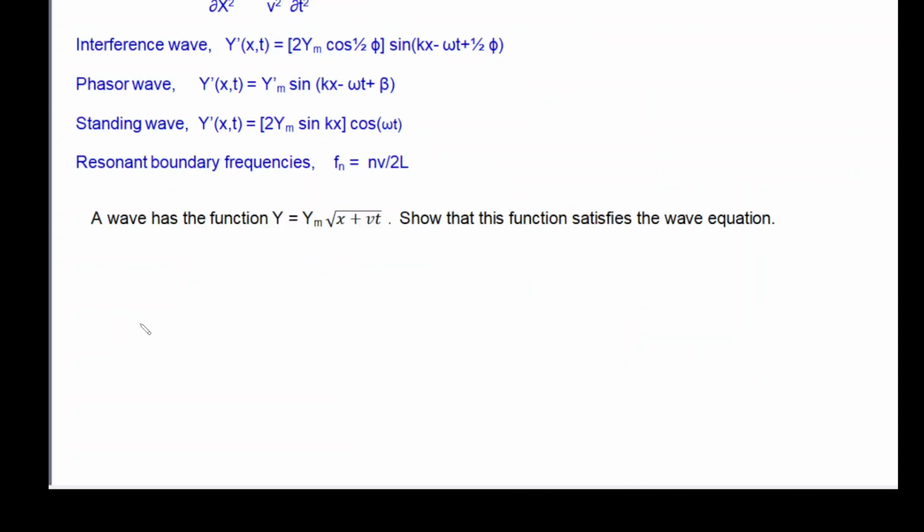Here's another problem. A wave has the function y equals y sub m times the square root of x plus vt. Show that this function satisfies the wave equation. So, first of all, the wave equation is the second derivative of y with respect to x is equal to 1 over v squared times the second derivative of y with respect to t.